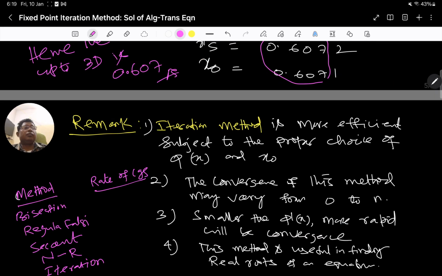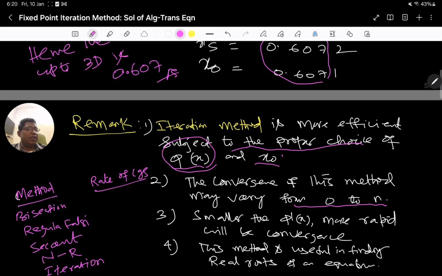We leave it. Now coming to the summary of this discussion, this fixed point iteration method is one of the most efficient methods. It is more efficient subject to the proper choice of phi x and your initial approximation x0. The convergence may vary with different choices of phi x.